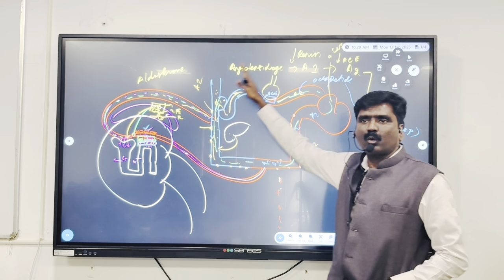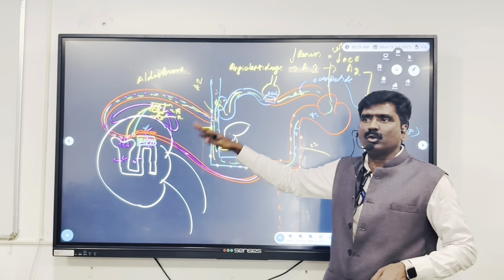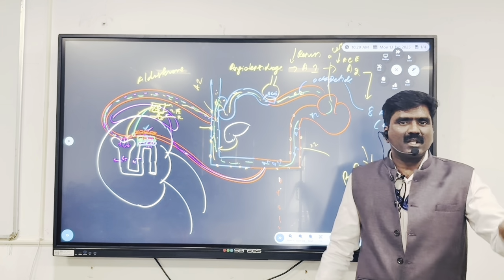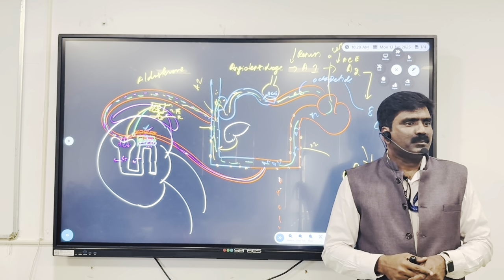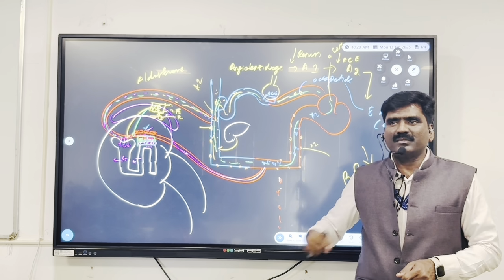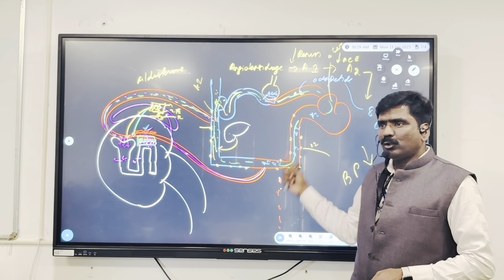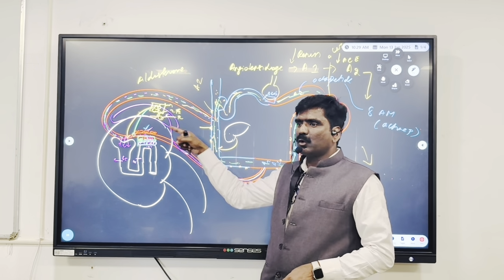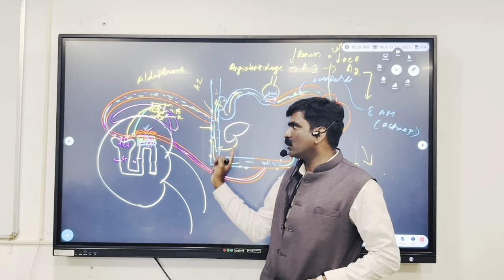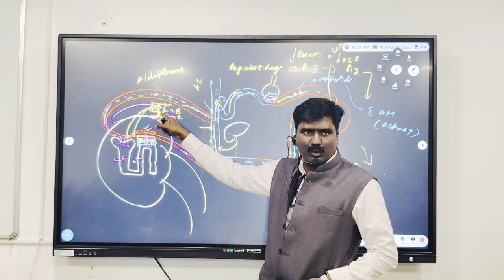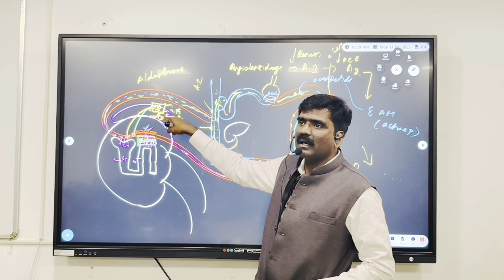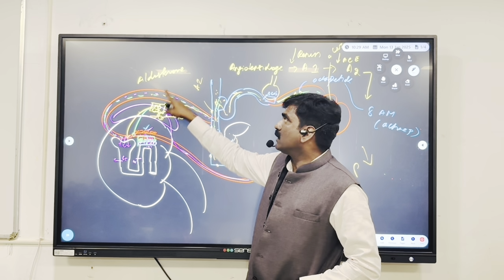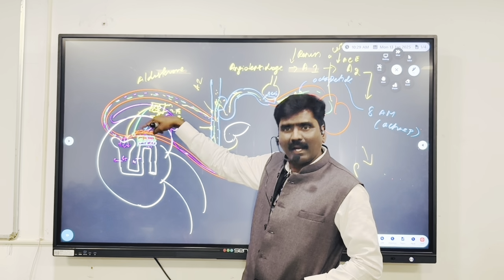And when A2 is circulating, meantime what will it do? It will constrict the artery, constrict the vein, stimulate the hypothalamus, and stimulate the sympathetic nervous system. All these will happen. And when A2 goes to the adrenal gland, it will stimulate it, and then the zona glomerulosa will release aldosterone.